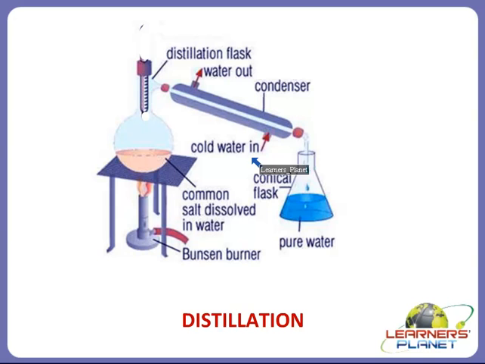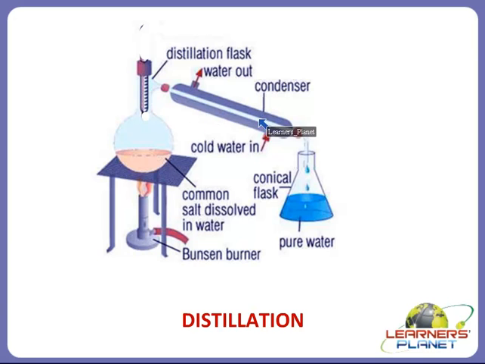And we can also see this. From this place we are pouring in the cold water so that it can travel through this tube. First of all, the water gets heated in the flask where the impurities are left behind.